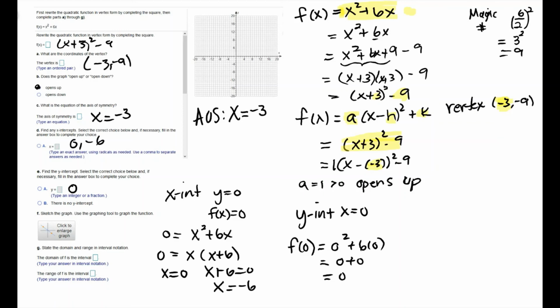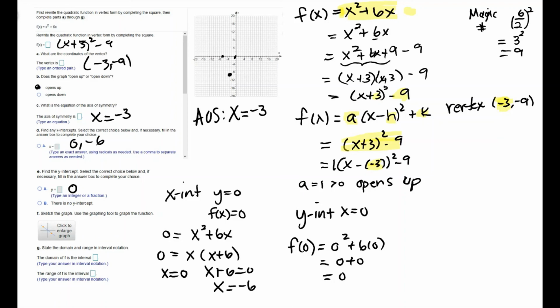And we want to plot our vertex, -3 and -9 would be about right here. We have our x-intercepts at 0 and, excuse me, let me fix that, -6. And our y-intercept is at 0.